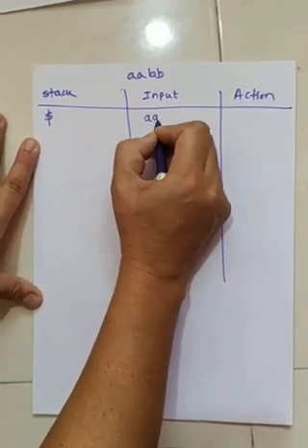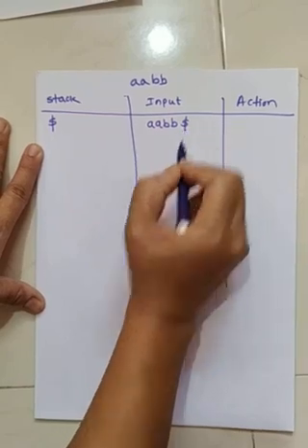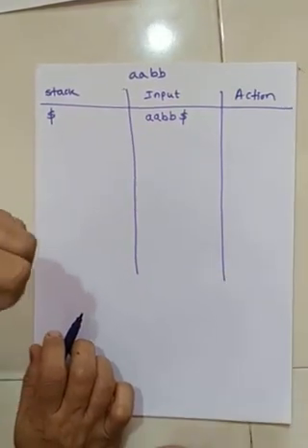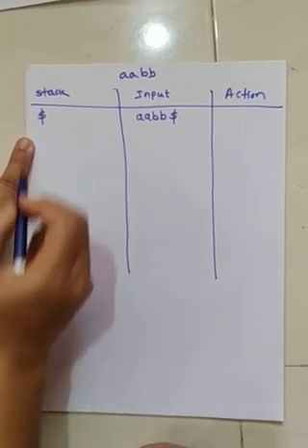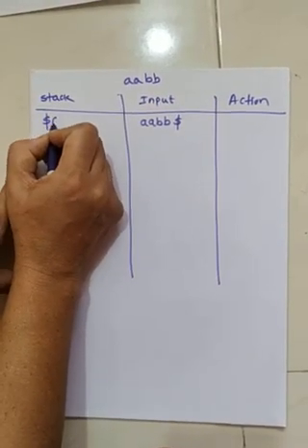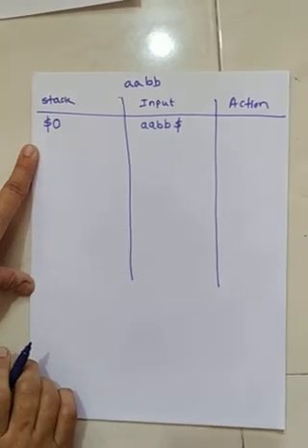Input has our input string with dollar. Now always we start with the 0 state. So in stack we will write state number 0.